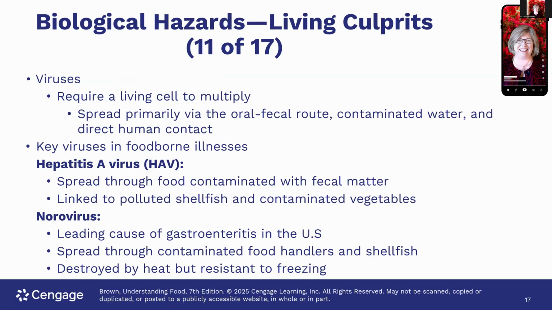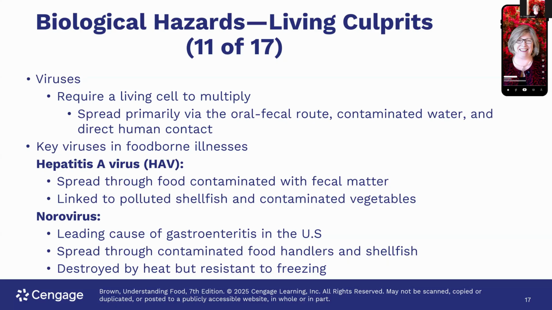Viruses require a living cell to multiply. They're spread primarily via the oral fecal route, contaminated water, and direct human contact. Some of the key viruses and foodborne illnesses would be hepatitis A and norovirus. We're going to talk a lot about the oral fecal route, and you will come to appreciate why food service employees must wash their hands.